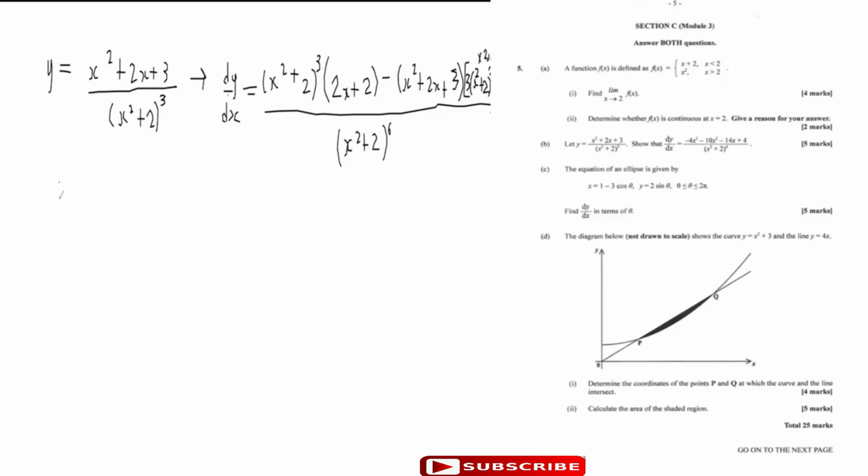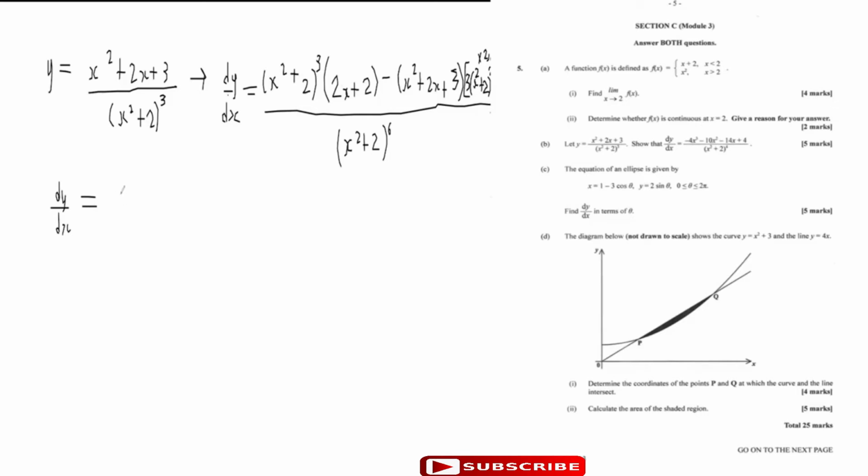Alright, so hence dy by dx is equal to, let's expand this across. Now, first thing, I'm not going to expand this across. This will be too difficult, or will take too much time.